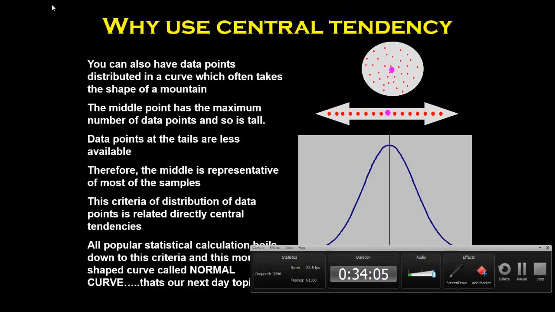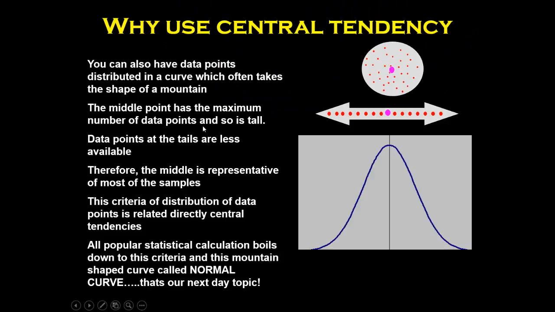So this one says that you can also have data points distributed in a curve which often takes the shape of a mountain. The middle point has the maximum number of data points. Data points at the tails are less available. That means less likely to have data points here because they only go up to this height.